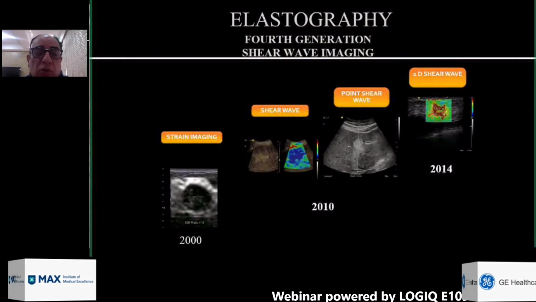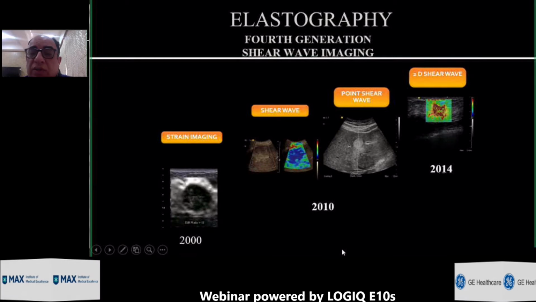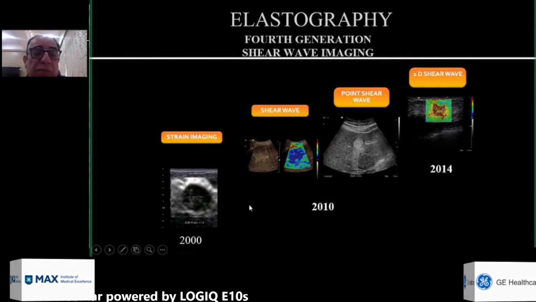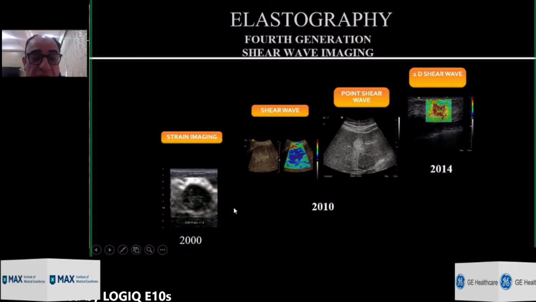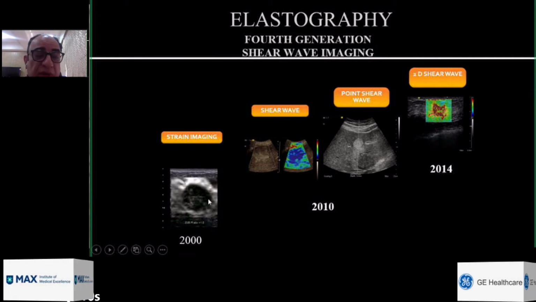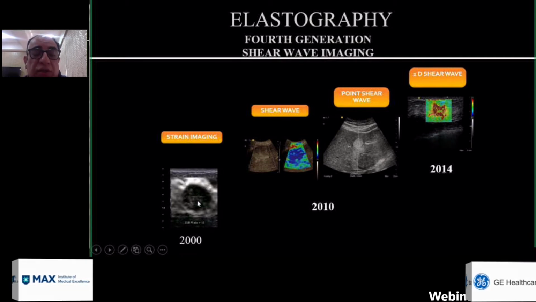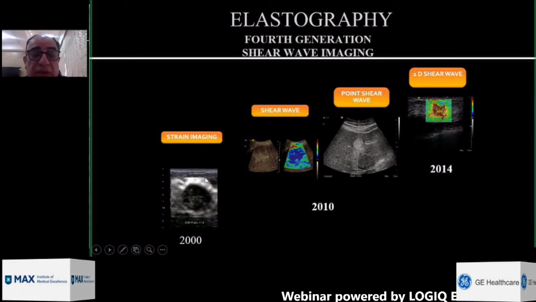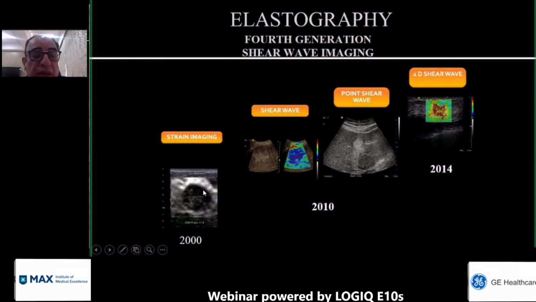Now, just to go historically into what elastography is from the point of view of radiologists, it started way back, probably even before 2000, as strain imaging, where we could differentiate stiff from soft structures just by pressing the transducer and creating an elastography map.